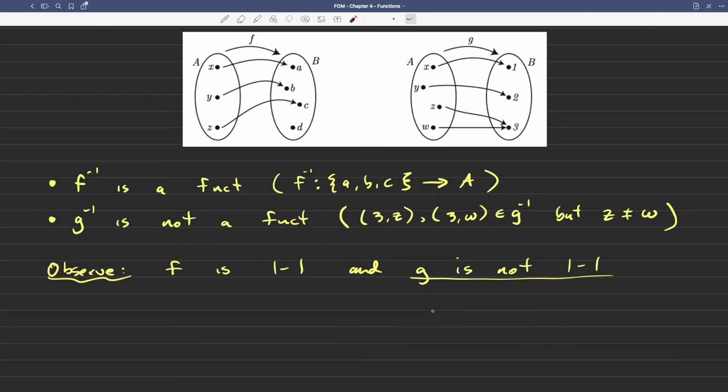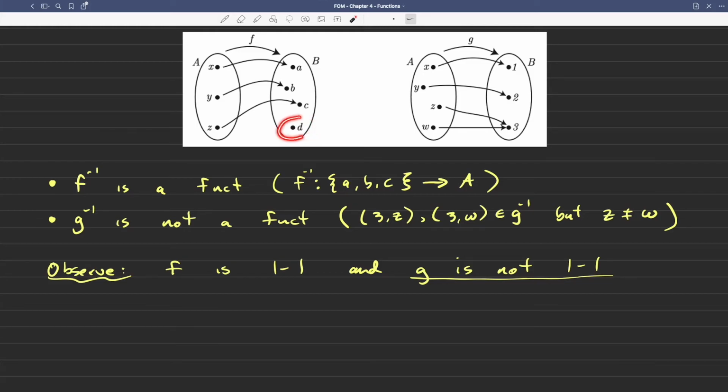Now, f isn't perfect. I couldn't make f inverse a function from all of B back to A. I could only say f inverse was a function from a subset of B back to A. If we wanted f inverse to be a function from all of B back to A, we would need the range of f to be all of B, right? We couldn't have any leftover elements like that.